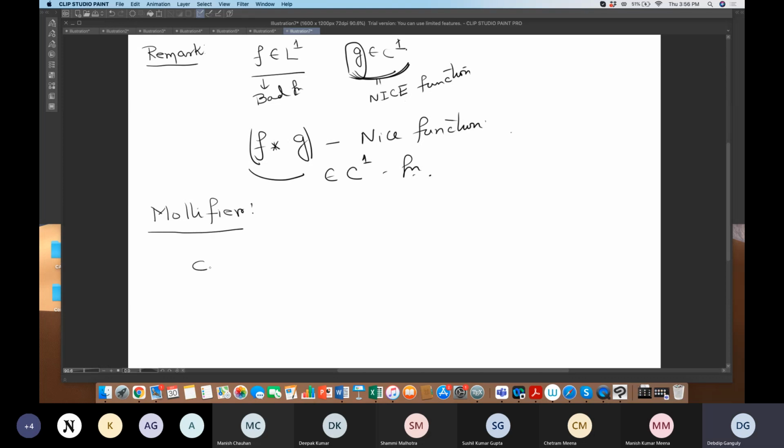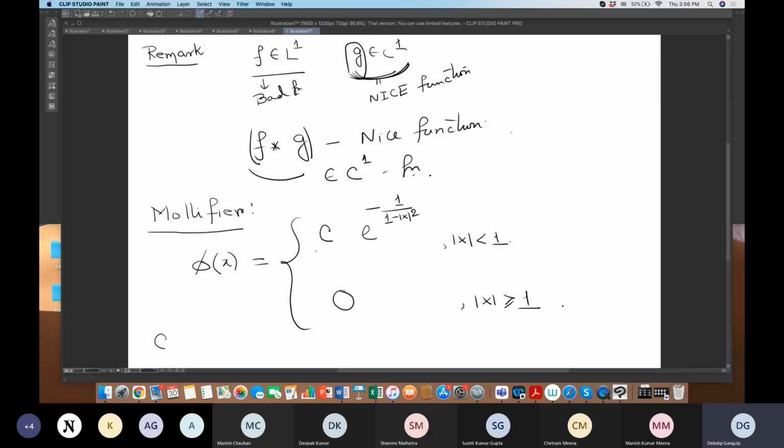I define a function phi of x equal to C, a constant, times e to the power minus 1 by 1 minus mod x square, whenever mod x is less than 1, and 0 whenever mod x is greater than or equal to 1. And what is C?